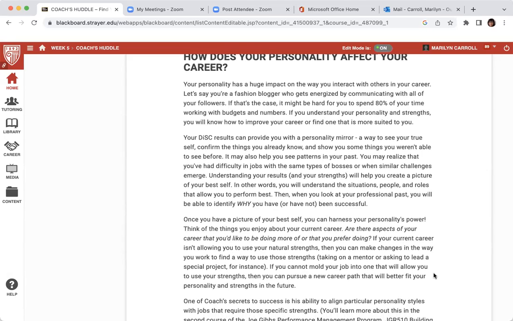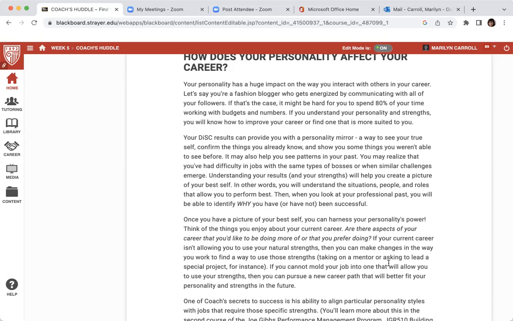Think of the things you enjoy about your current career. Are there aspects of your career that you'd like to be doing more of or that you prefer doing? If your current career isn't allowing you to use your natural strengths, then you can make changes in the way you work to find a way to use these strengths.